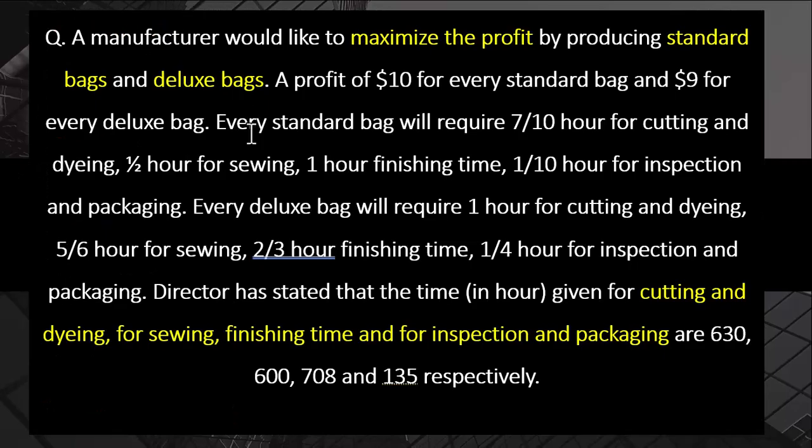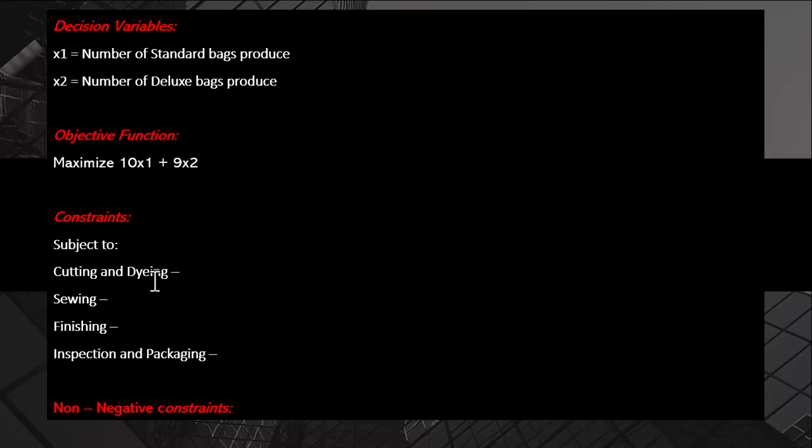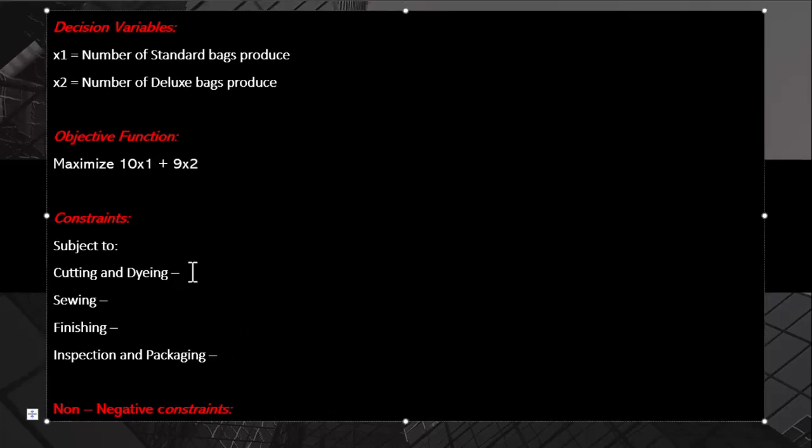Further in the question it says a standard bag will require 7 over 10 hours for cutting and dyeing, half for sewing, 1 hour for finishing, and 1 over 10 hour for inspection. So we can write our subject to constraints as 7 over 10 x1.